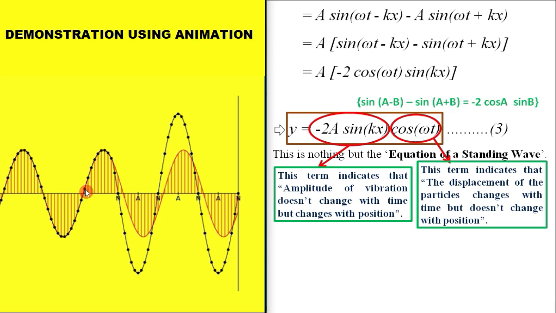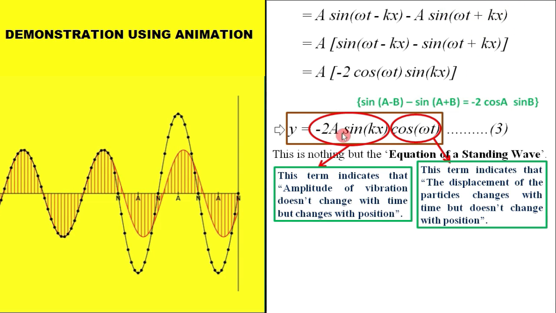If this particle is here, the next particle is not going to be here, it will be somewhere else. When you go along this direction, as the position changes, the displacement of the particle along the y-axis also changes. Is it clear what is happening in this equation?